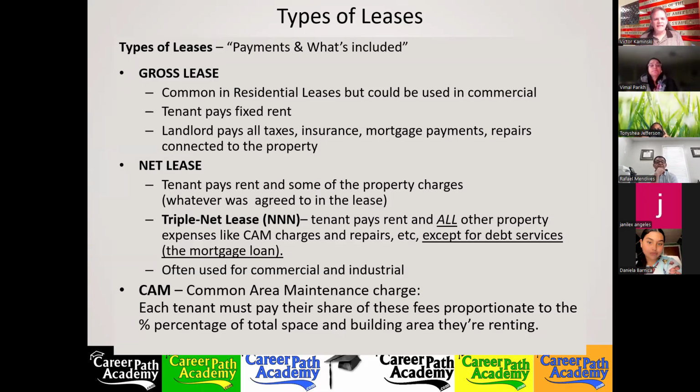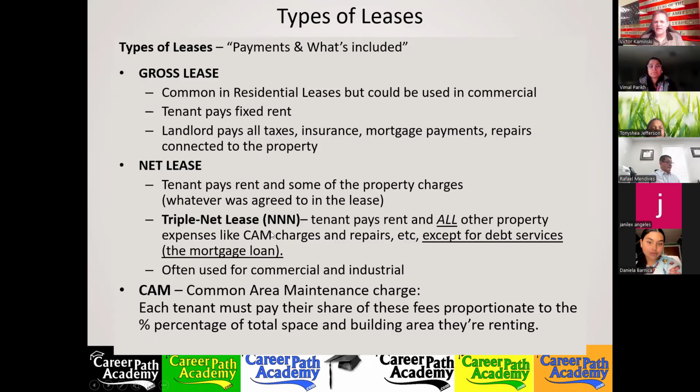In a net lease, the tenant pays the rent and some of the property charges, whatever was agreed to in the lease.